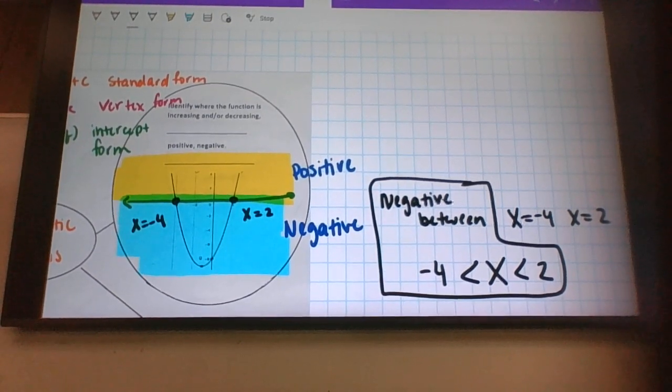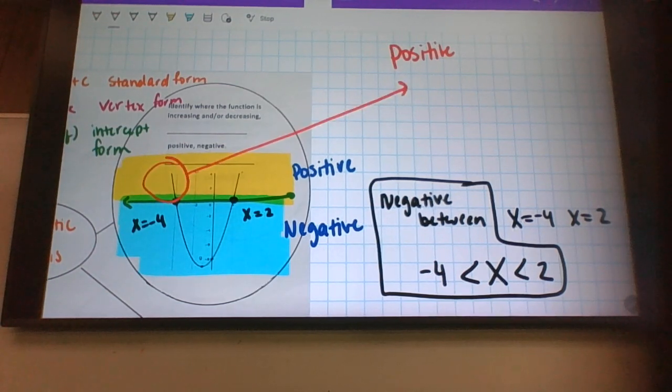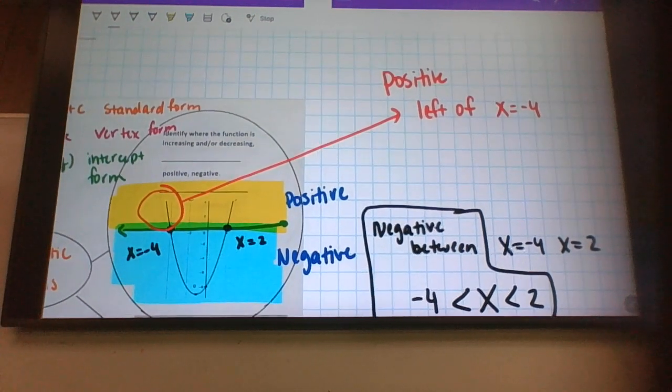Now, where is it positive? Right there, it's positive to the left of x equals negative 4. So the way I would say that is positive when x is less than negative 4.